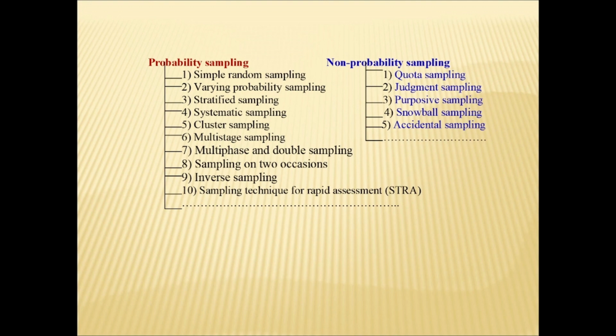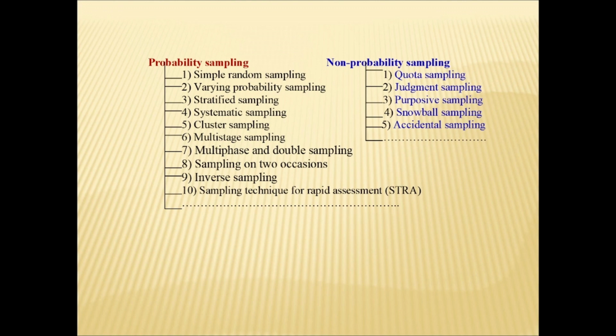That means out of this audience, I can pick up anybody with equal probability. There is no question of differential probability that this unit will be selected rather than that unit. So every unit has equal probability to be included in the sample.